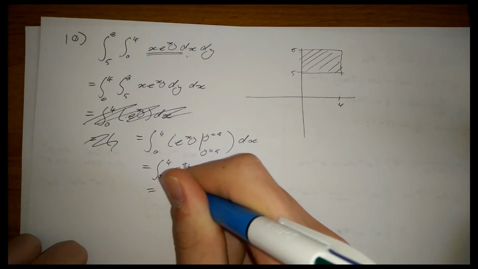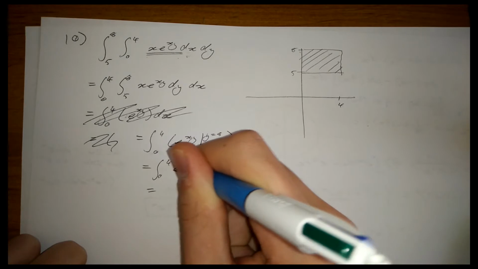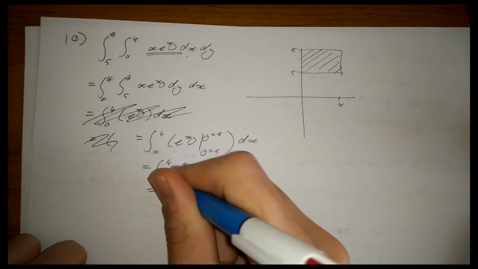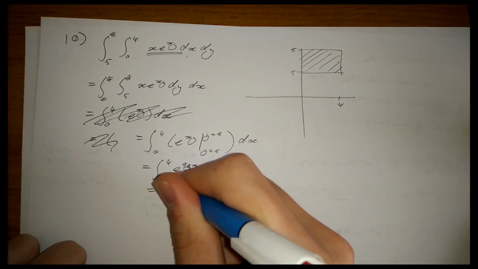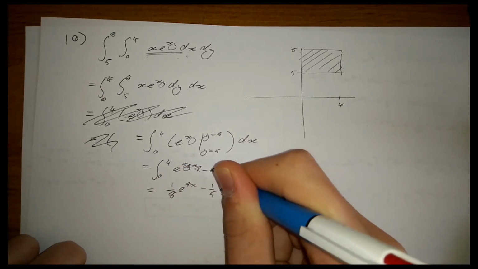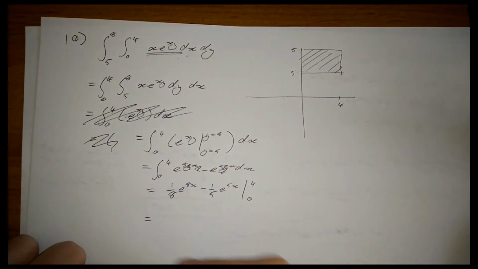So now we just integrate that. Sorry, I'm derping very hard today. So that would just be 1 on 8 e to the 8x minus 1 on 5 e to the 5x, evaluated from x equals 4 to x equals 0.